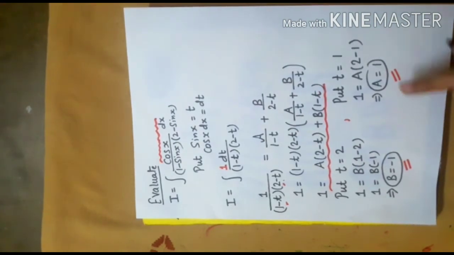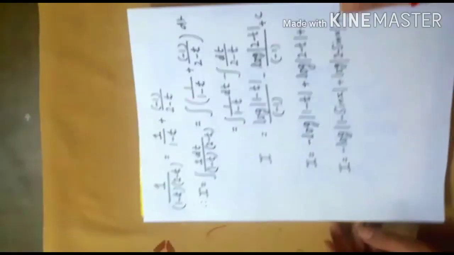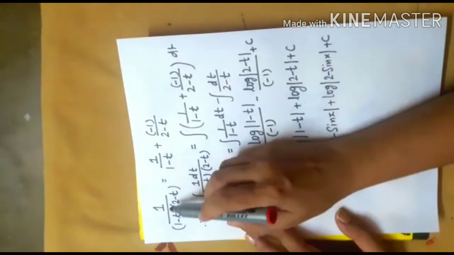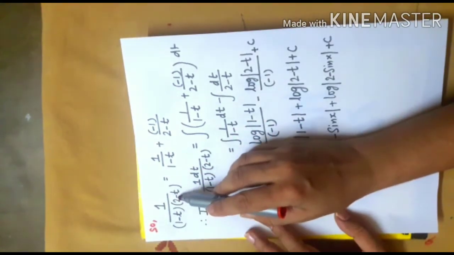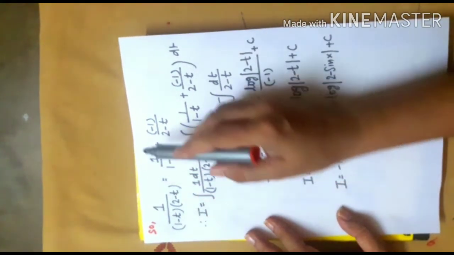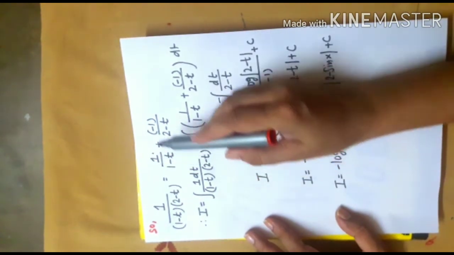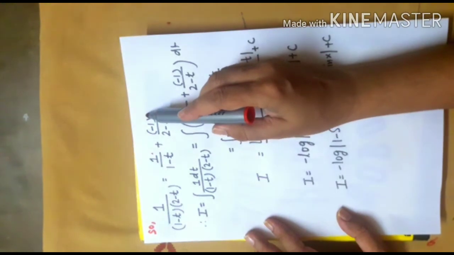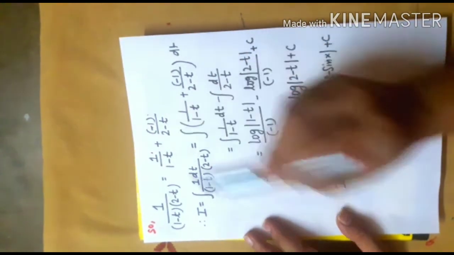Now I put the value of a and b in this. So 1 over 1 minus t into 2 minus t will be equal to, put the value of a, which is 1. So 1 over 1 minus t plus put the value of b, which is negative 1. So I'll get negative 1 over 2 minus t.